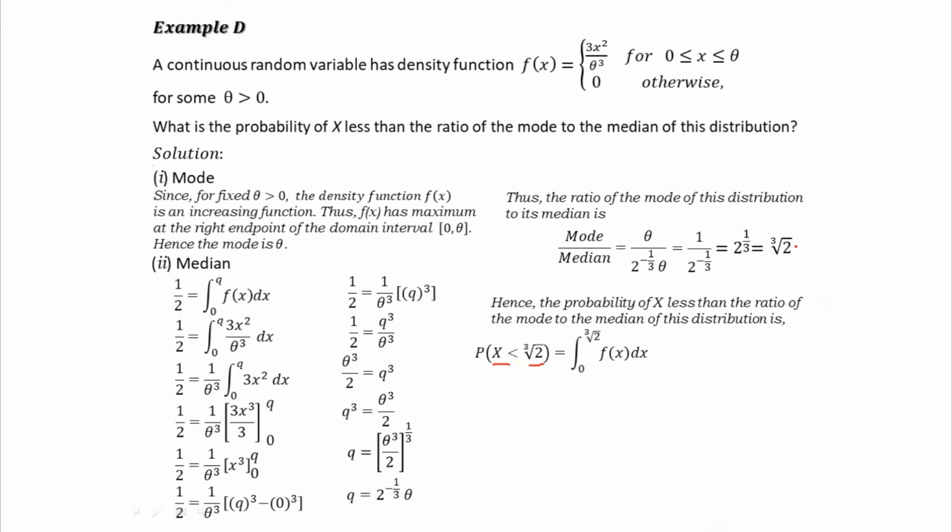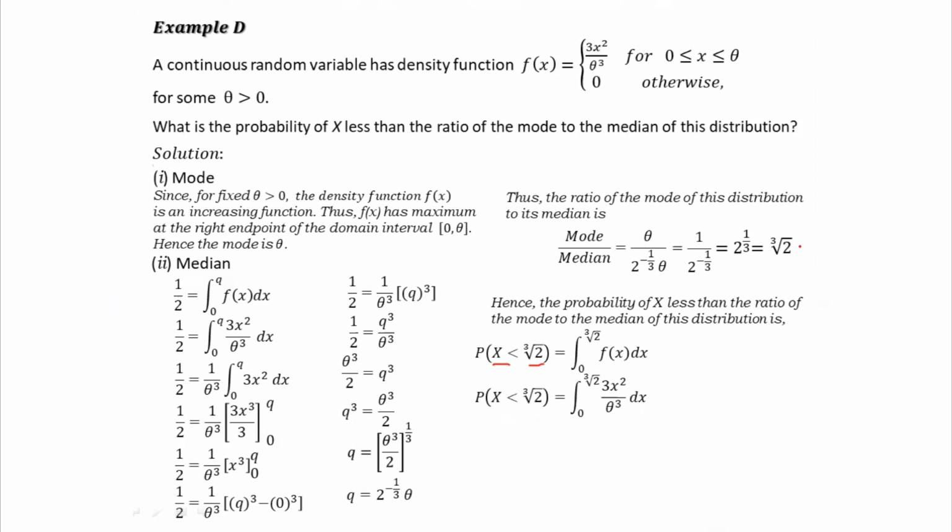And to solve for this, we need to apply our definition for cumulative distribution, which is the integral of our probability density function of f of x dx from 0 to the cube root of 2. And we know that our probability density function is 3x squared over theta cubed.